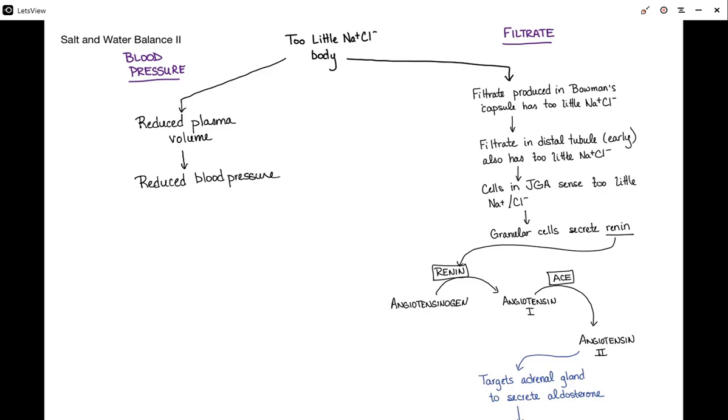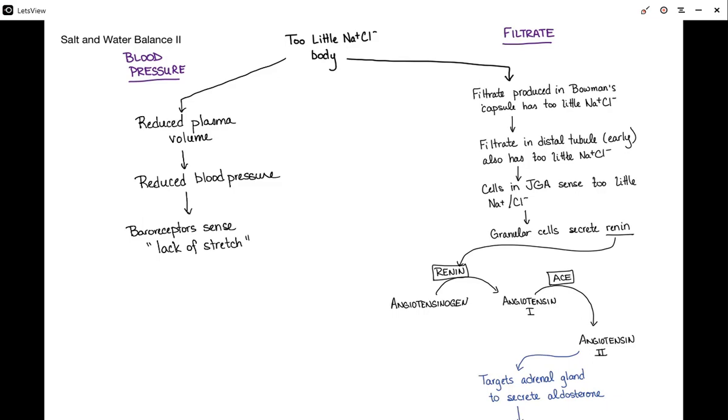So blood pressure is actually felt in a number of different places. I mentioned two major baroreceptors in the aortic arch and the carotid sinuses. And so these are going to sense lack of stretch. And those baroreceptors are sensory neurons that are going to feed into the autonomic nervous system.